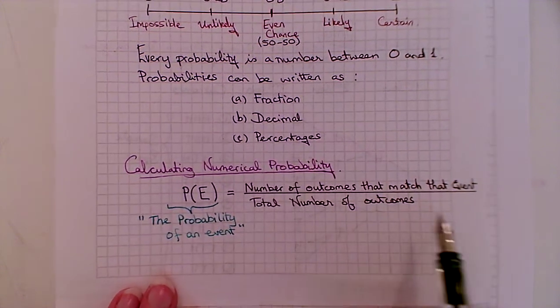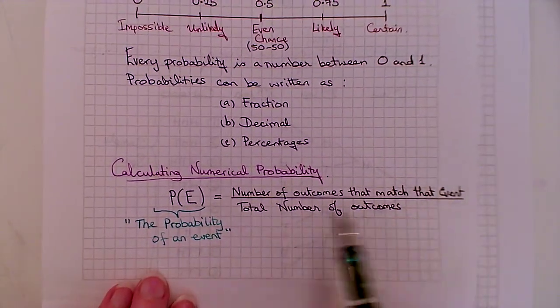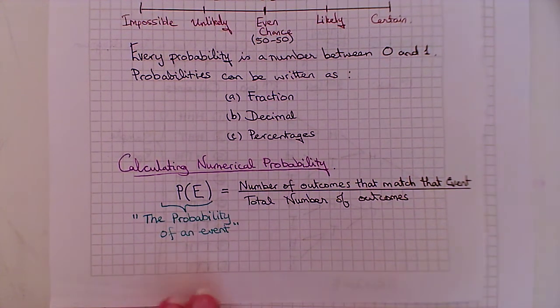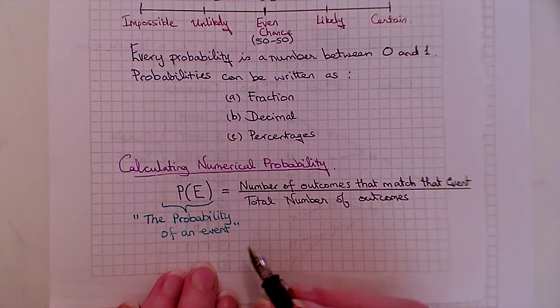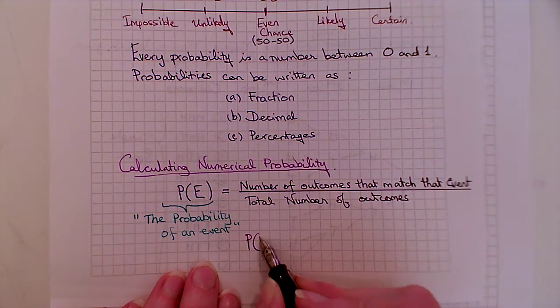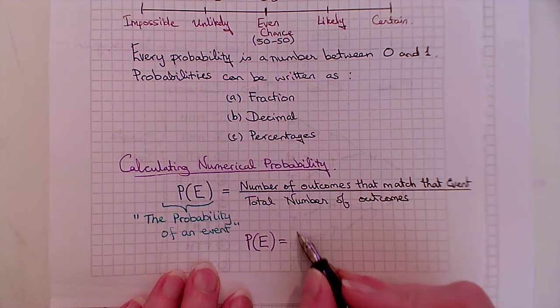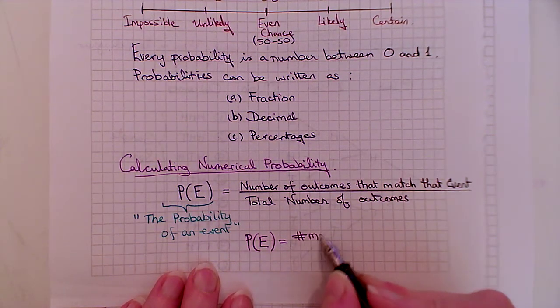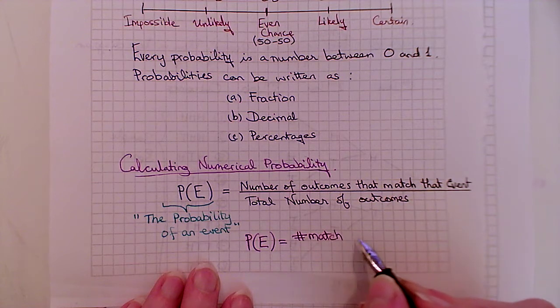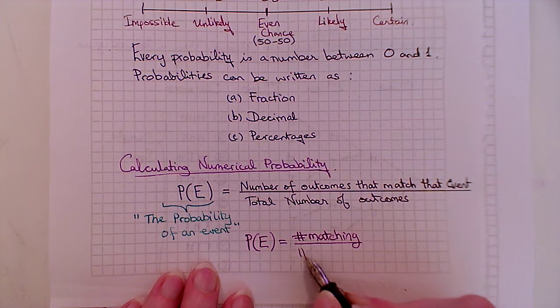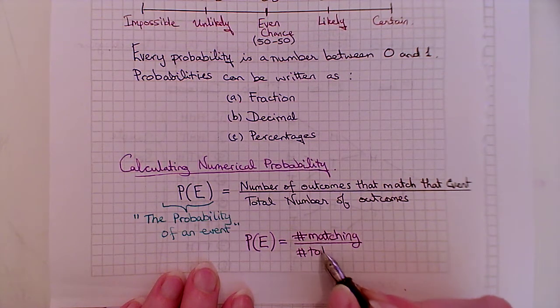Now, this is too long, right? We don't want to be writing this down every time. So instead, I prefer to write down our formula like this. The probability of an event, and that's how we pronounce it, even though we write it with shorthand like this, is the number of matching outcomes divided by the total number of outcomes.